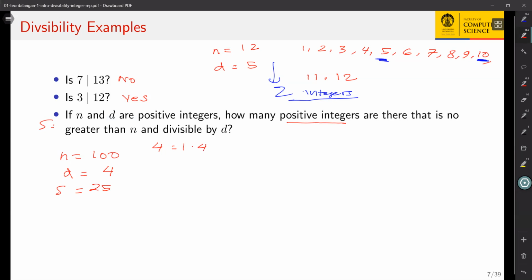The next number will be 8, which is 2 times 4, and the next number will be 12, so 3 times 4, and so on. Essentially, you get, for example, 96, which is 24 times 4, and of course 100, which is 25 times 4. So if you count them, 1, 2, 3, and so on until 25, you get 25 here, right? Now, what if N is 100, but D is say 9?